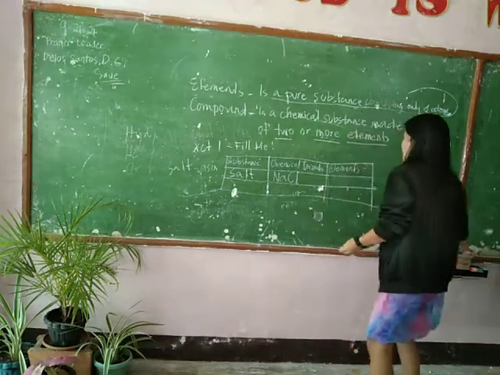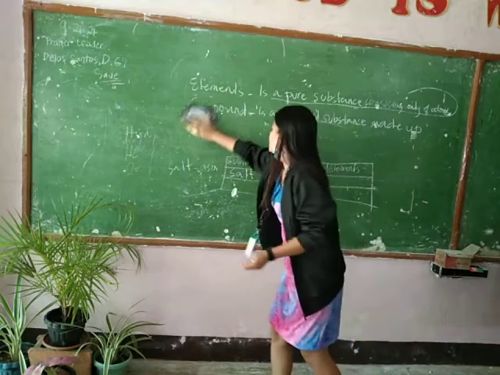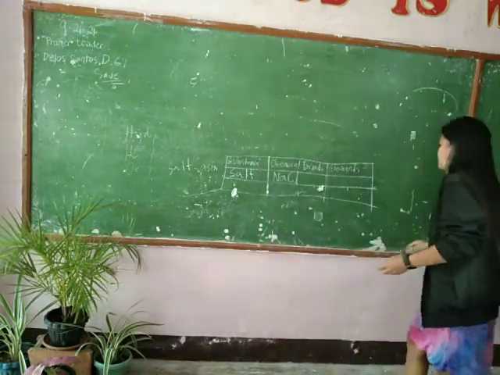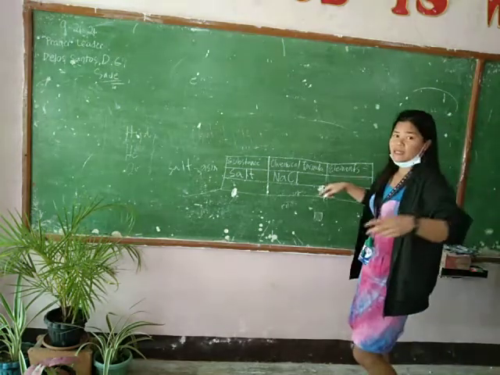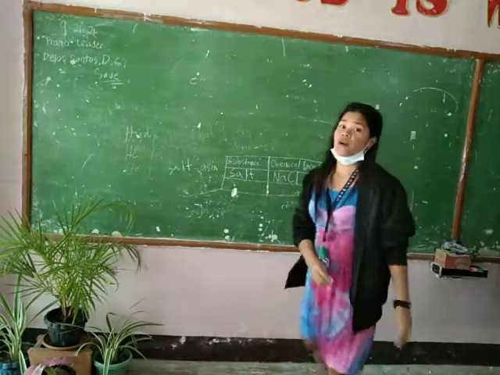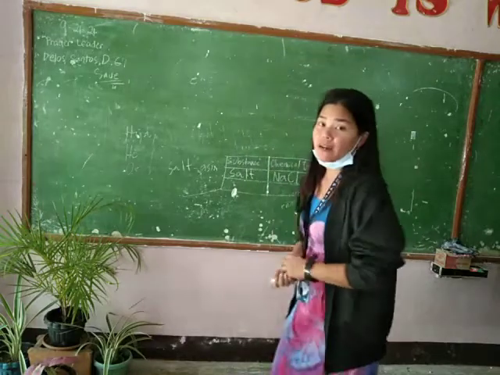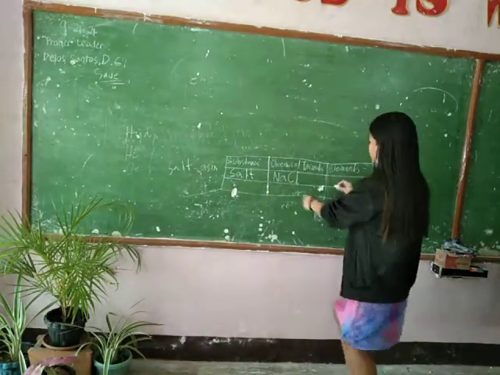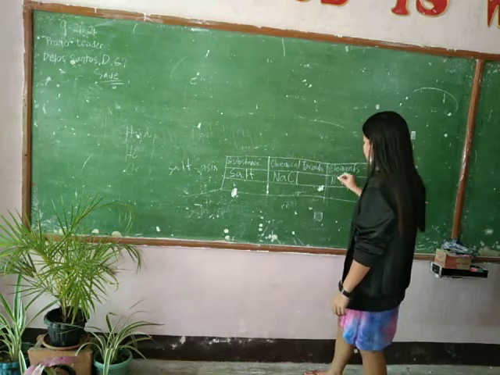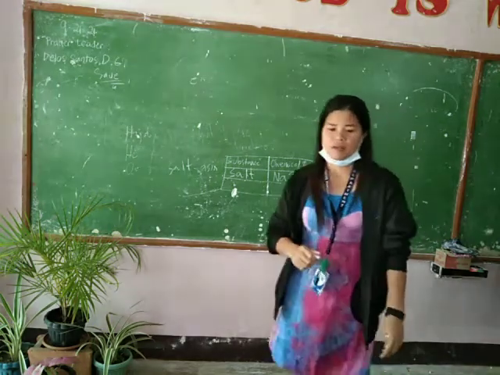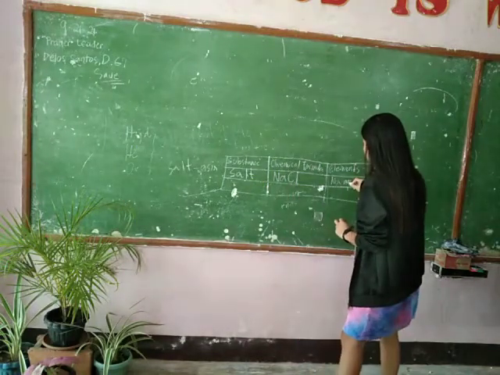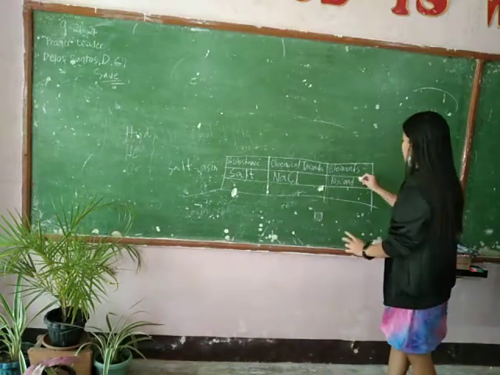Now, ang Na and Cl, ito pala ay sa elements makikita. Na, ano ang Na? Ito ay tinatawag na sodium. So, the elements niya are Na and Cl.